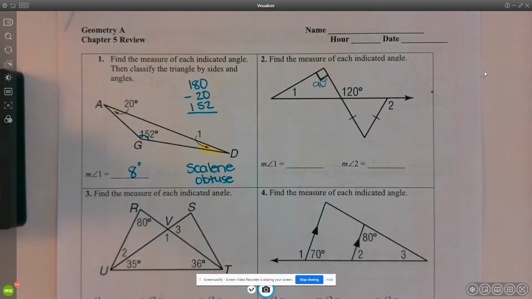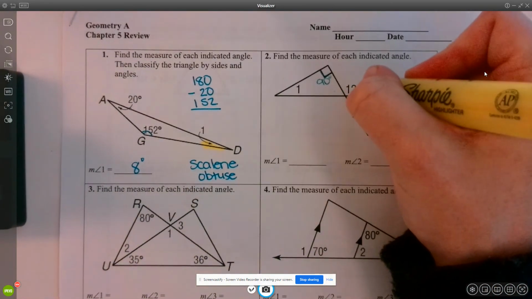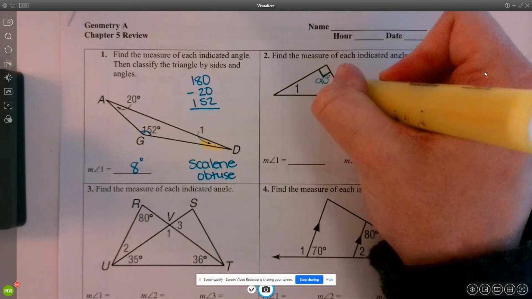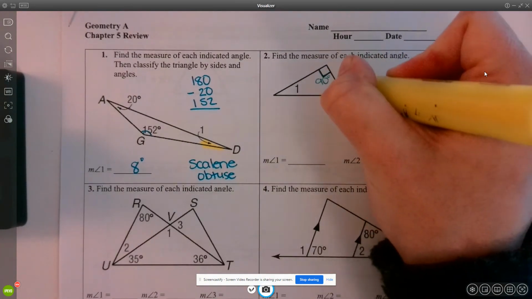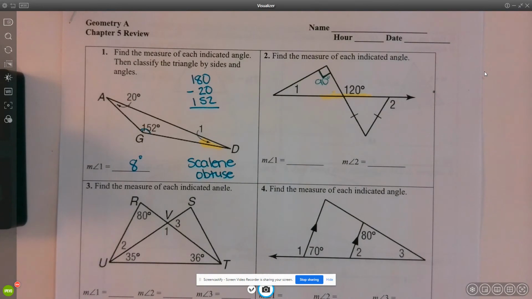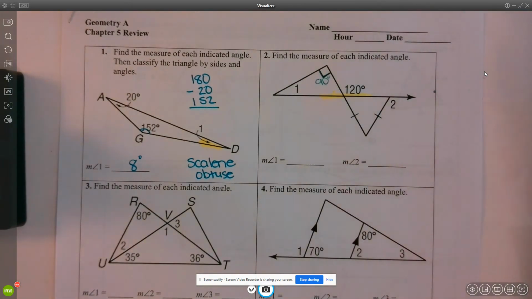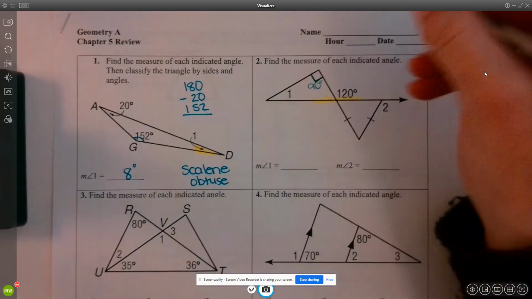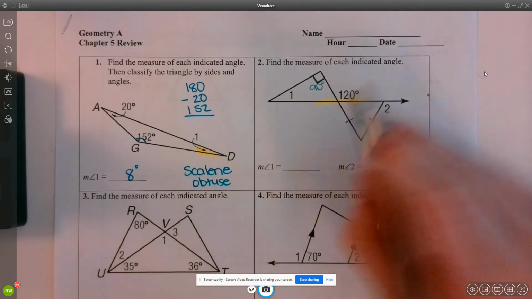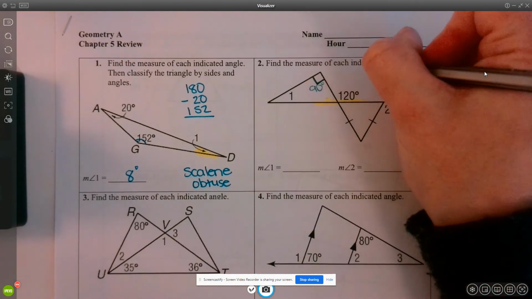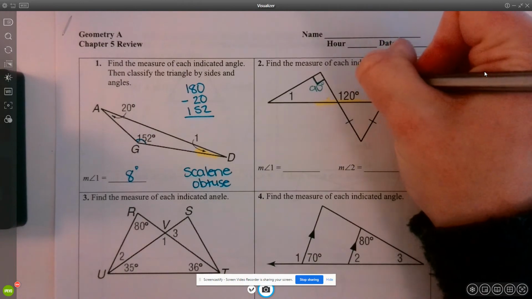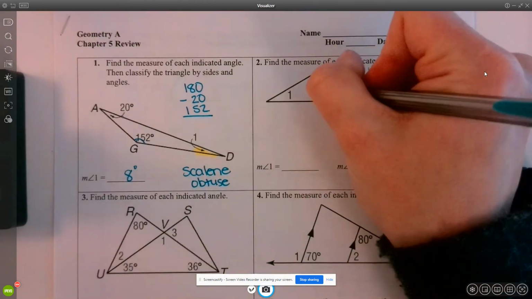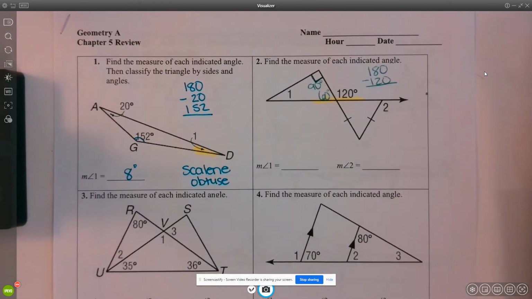So if I look at the information given, this angle out here and this interior angle that I don't know yet make a straight line. They make a linear pair. I know linear pairs have to add up to 180. So if this exterior angle is 120 degrees, if I subtract that from 180, this tells me this angle here must be 60 degrees.